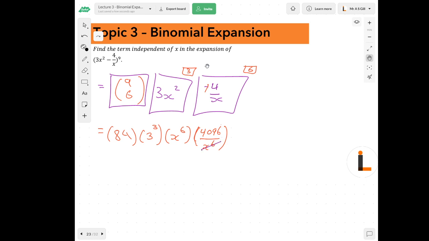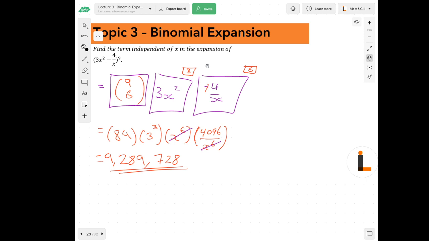So the x's here are going to cancel. And then it's just a matter of tidying this up and multiplying all of these numbers together. We should end up with 9,289,728 as our final value there. Okay?